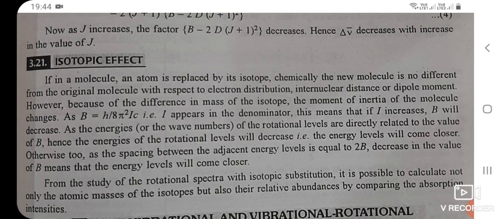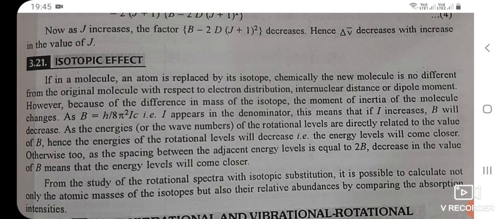As B = h / (8 pi squared I c), that is, I appears in the denominator, it means that if I increases, B will decrease. As the energies or the wave numbers of the rotational levels are directly related to the value of B, the energies of the rotational levels will decrease, that is, the energy levels will come closer. Otherwise, as the spacing between the adjacent energy levels is equal to 2B, a decrease in the value of B means the energy levels will come closer.